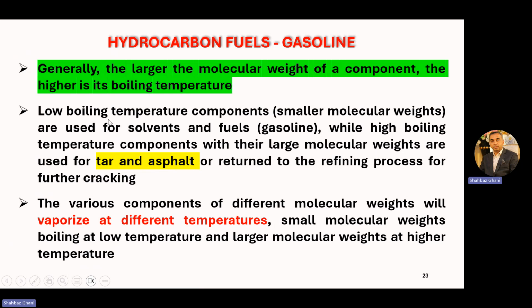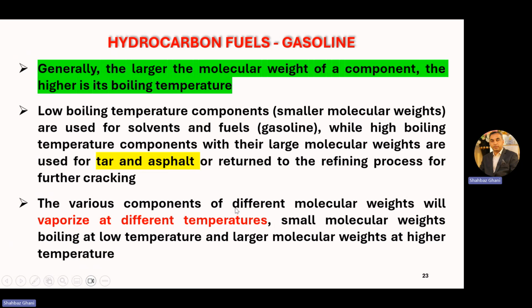Low boiling temperature components, with smaller molecular weights, are used for solvents and fuel gasoline, while higher boiling temperature components with large molecular weights are used for tars and asphalts or returned to the refining process for further cracking.